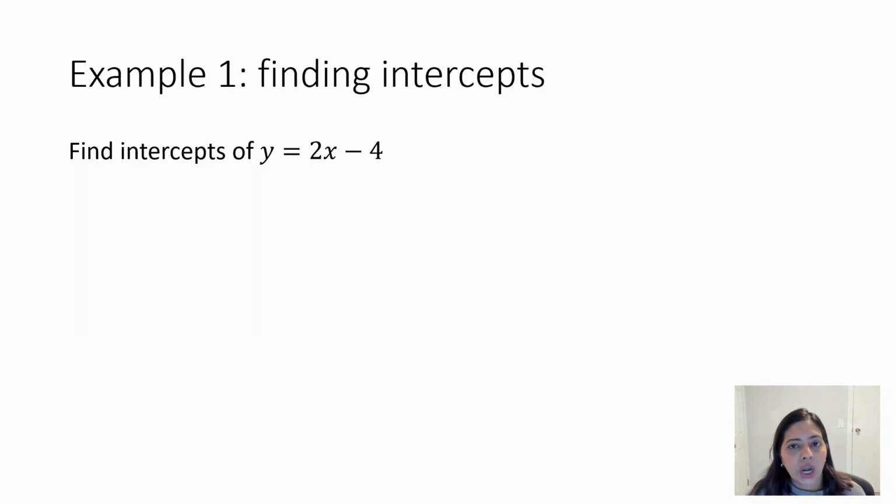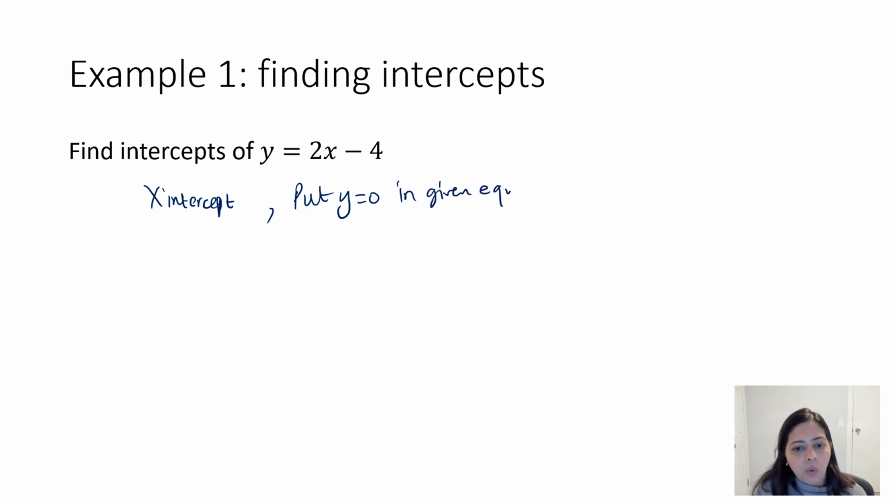So let's try this on an example. Find intercepts of y equals to 2x minus 4. So if you want to find x-intercept, put y equals to 0 in the given equation. So 0 is 2x minus 4.